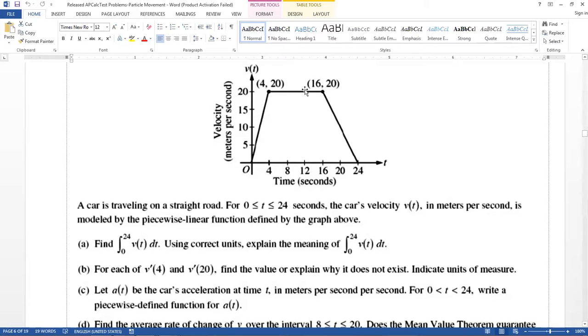Here we have a peak. What is your explanation? It's an instant turn or shift. The tangent line at t equals 4 and t equals 20 does not exist due to it being a peak.